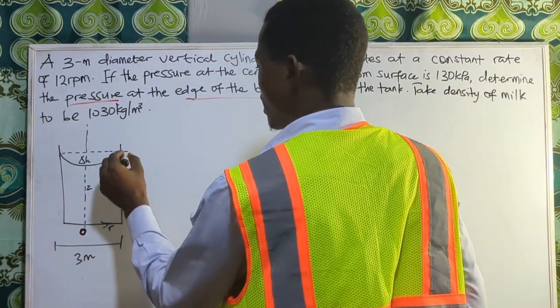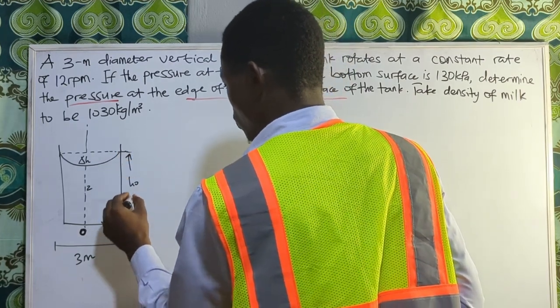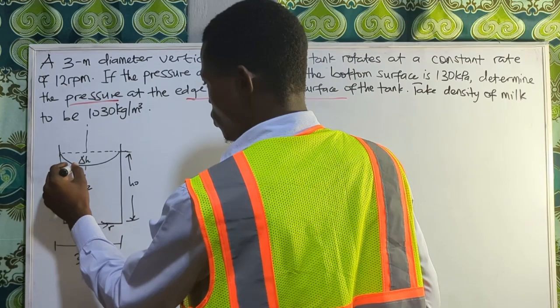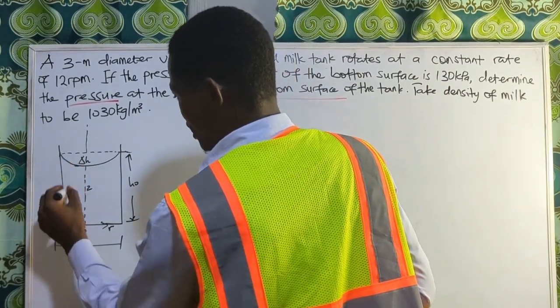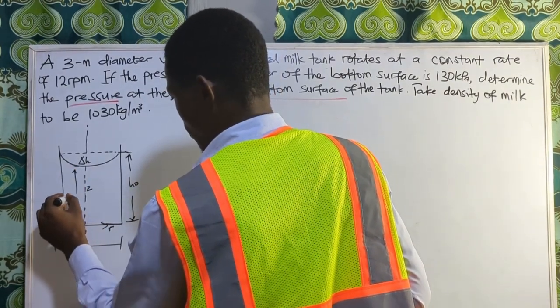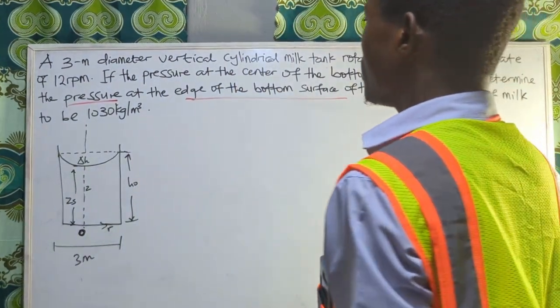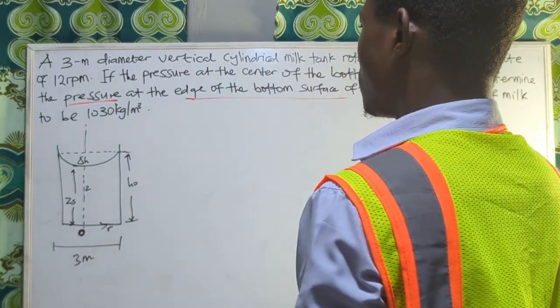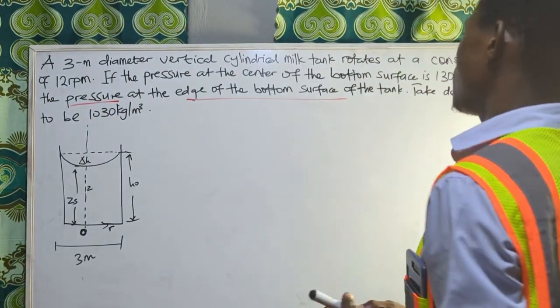Now our original height, which was not given, we represent it by H0, and also the height for the free surface, which is ZS.